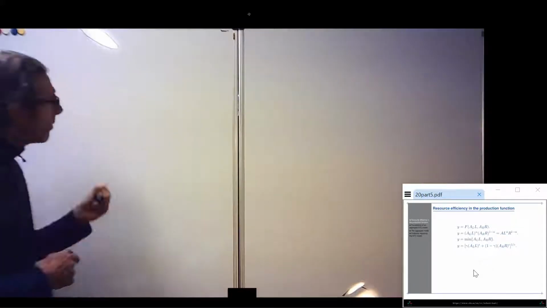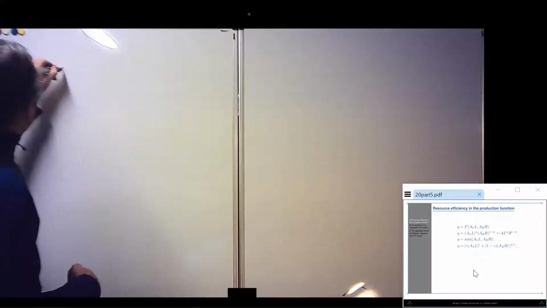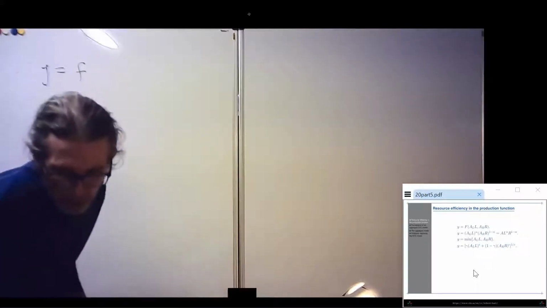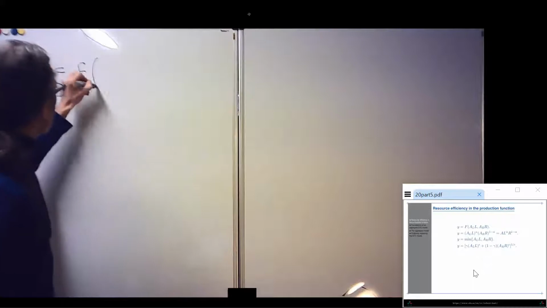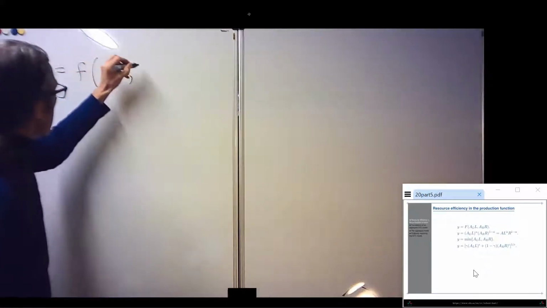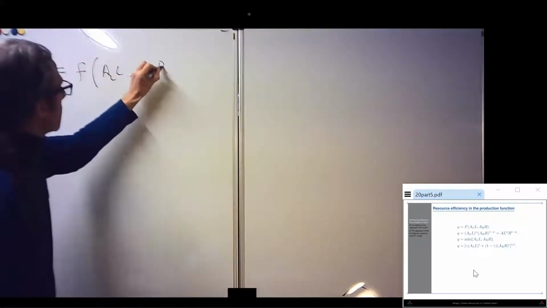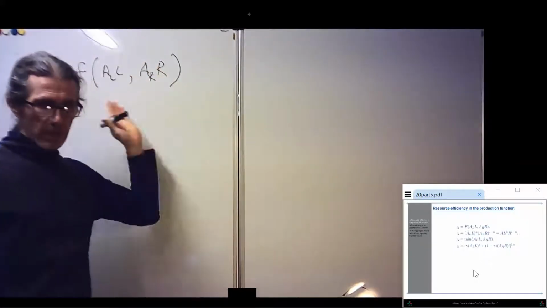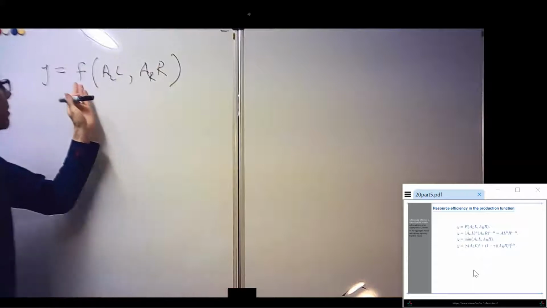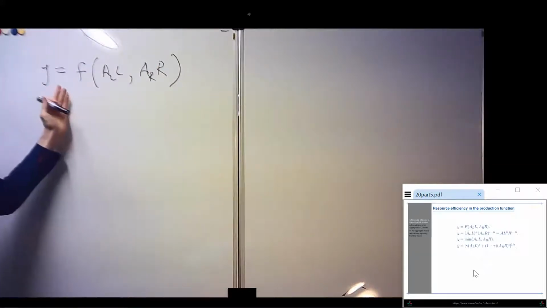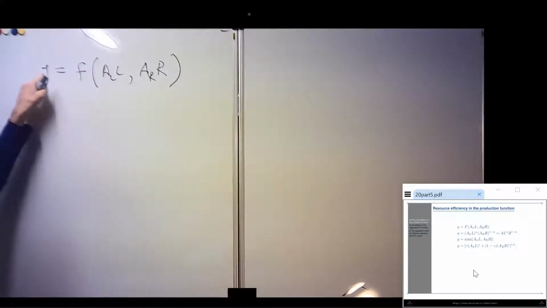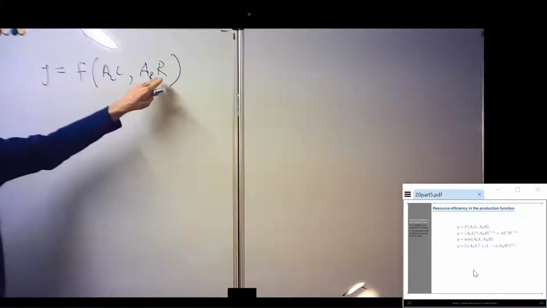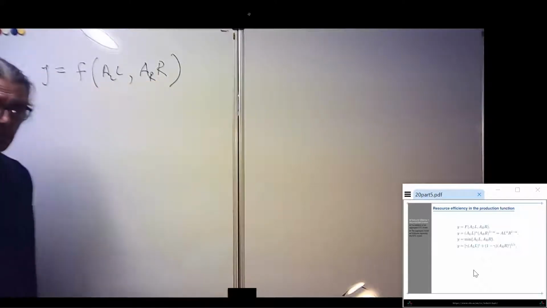So what are they? We've got Y is some function of ALL and ARR. So this is the most general possible production function, given that there's only one product and there's only 2 inputs, resources and labor. We've dropped capital.